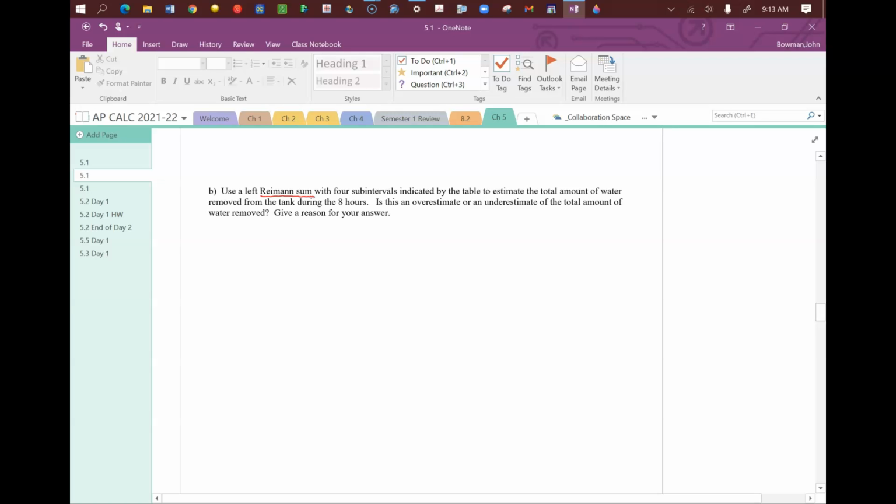It is estimating the area under a curve using geometric shapes or sums of geometric shapes. So it says to estimate using 4 subintervals, use a left Riemann sum. So we're going to use LRAM, left-hand rectangular approximation method, with 4 subintervals.